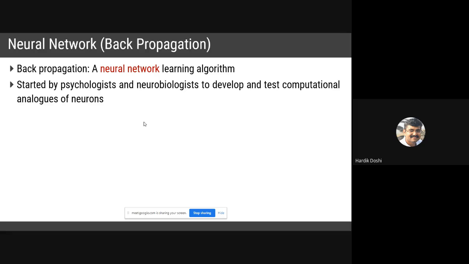It was started by psychologists and neurobiologists to develop and test computational analogs of neurons. Now, if I talk of neural networks, that means we are talking about the structure within our brain: how our brain is connected to all the organs through neurons, and how the neurons are activated.